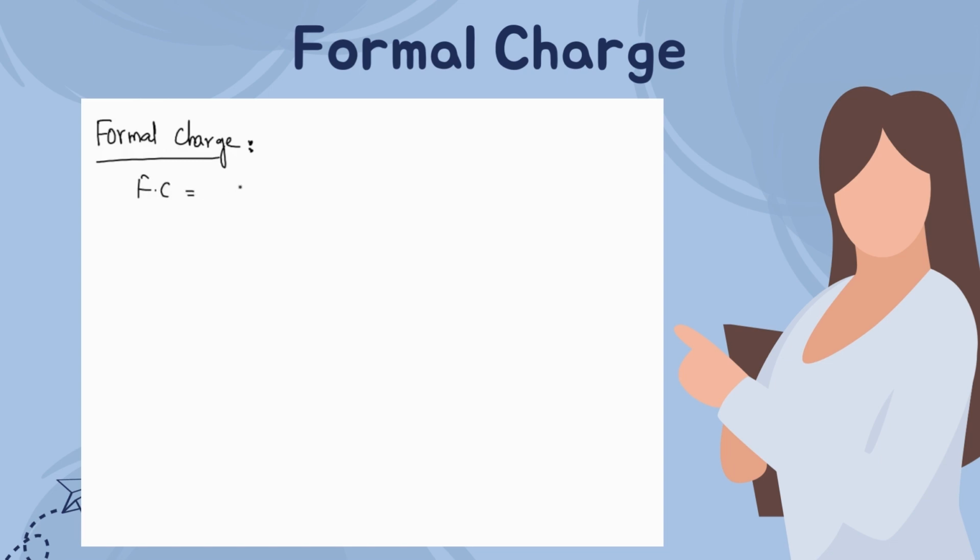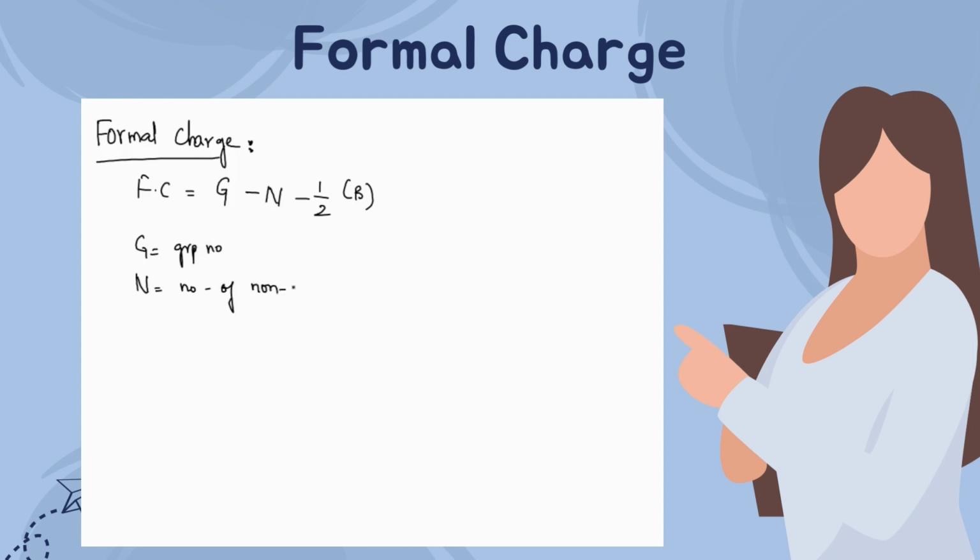Okay, the formula to calculate formal charge is group number or the valence electrons, minus N, minus half into B. So G indicates the group number, N indicates the number of non-bonded electrons.